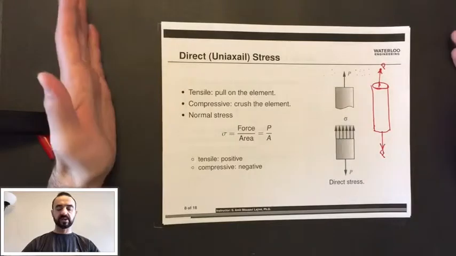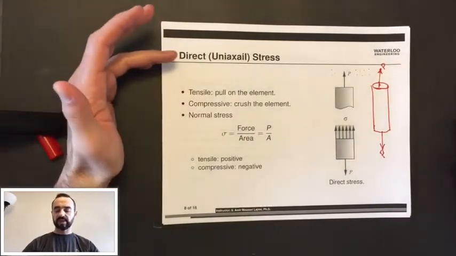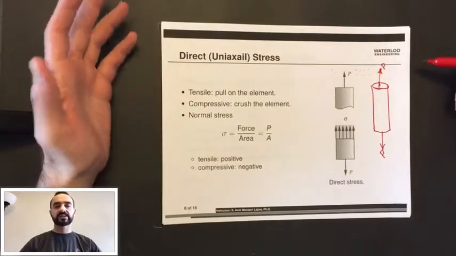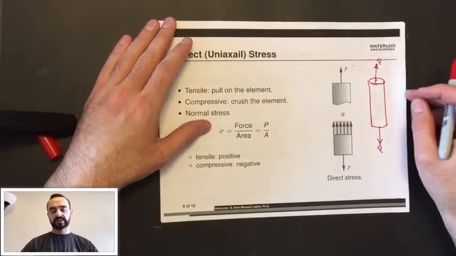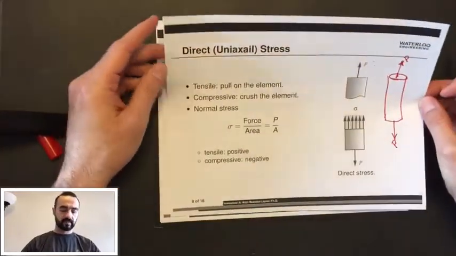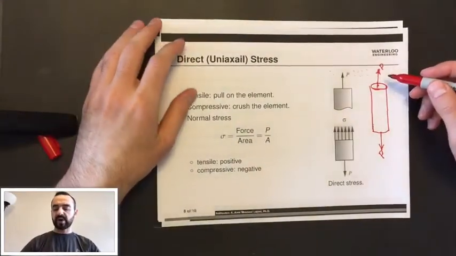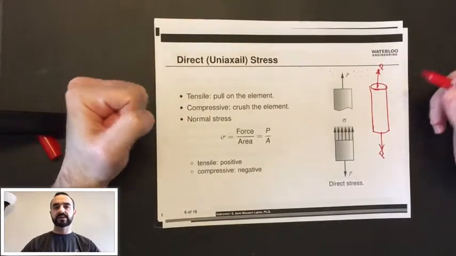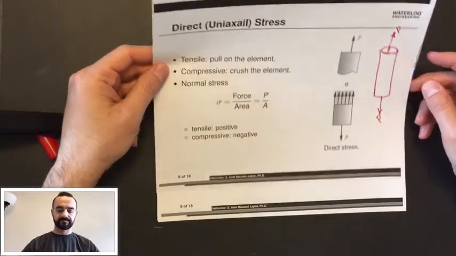And if the material is homogeneous, then we are going to have this special case, which is a direct uniaxial stress. This is essentially the simplest case we could experience. If P is positive, then it means that we have a tensile stress, and if P is negative, we have a compressive stress.